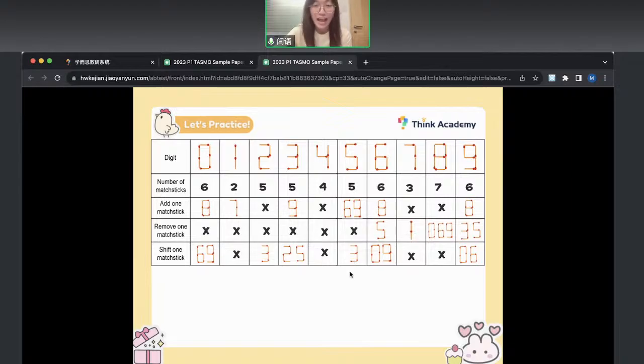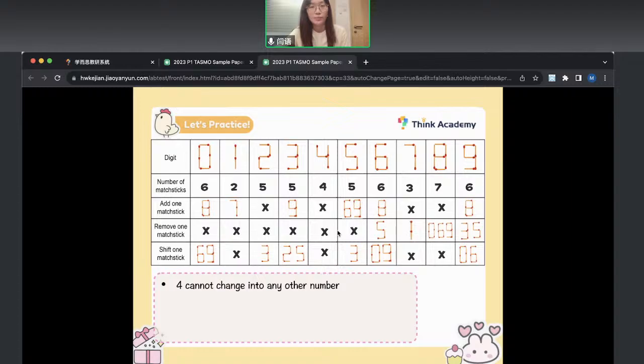And here also I want to tell you some conclusions. Everyone, let's have a look. According to the table, digit 4 is super important and super special because 4 cannot be changed into any other number. And also here, digit 1 can only be changed to 7 by adding one stick.